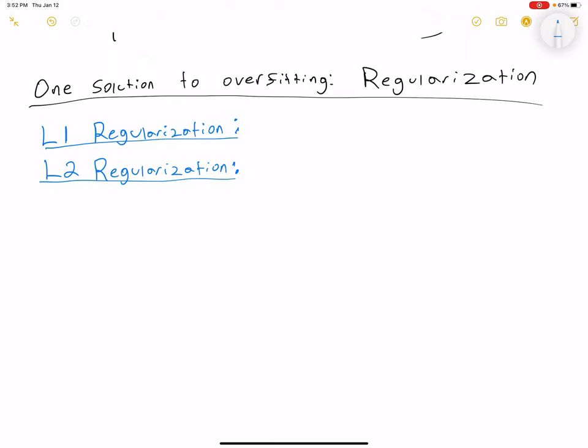In L1 regularization, what we do is we add this term, which is lambda, a Greek symbol, we'll talk about what it means, times the summation of the absolute value of the model weights to the loss function. We'll break this apart in a second.